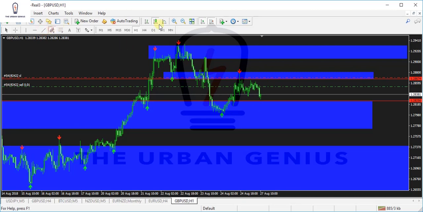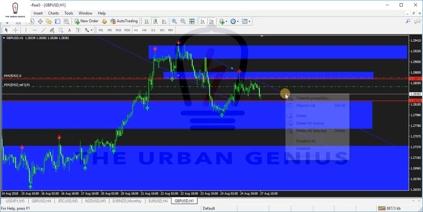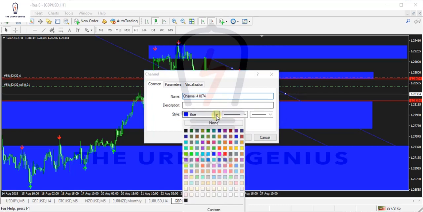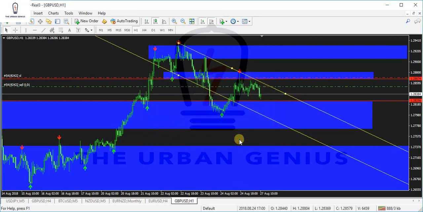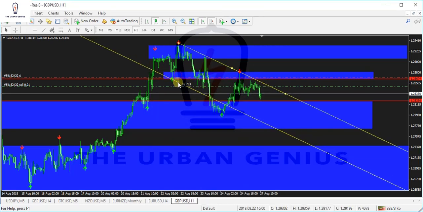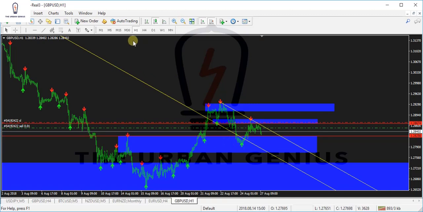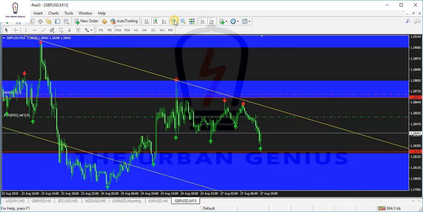Okay, so you guys see we're beginning to paint a picture using our super arrows. And that is how you utilize your super arrows.